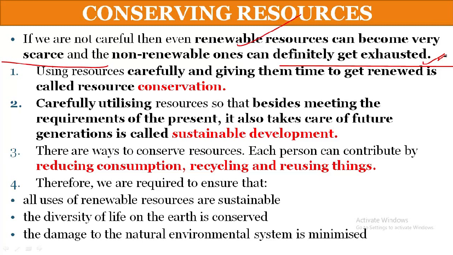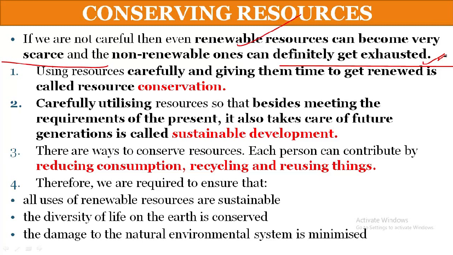But my dear students, number one, if we do not protect soil and keep on over-exploiting it, and number two, if we do not protect our wildlife, with hunting and poaching going on around the world, we should stop all that hunting and poaching. So being renewable resources, all these resources can also become scarce if we do not pay due attention towards their conservation.